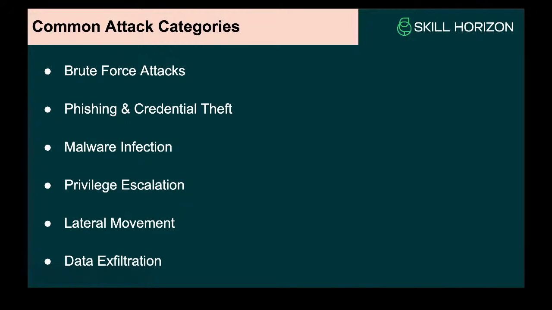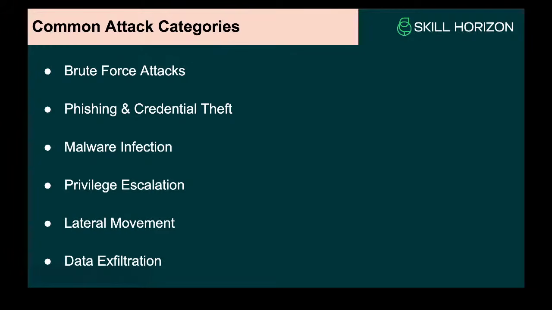Then privilege escalation, which means a low level user can escalate to perform actions of a high level user. Then lateral movement and data exfiltration. These are the common major attacks we will cover today, and each of these attacks leaves behind some digital footprints.